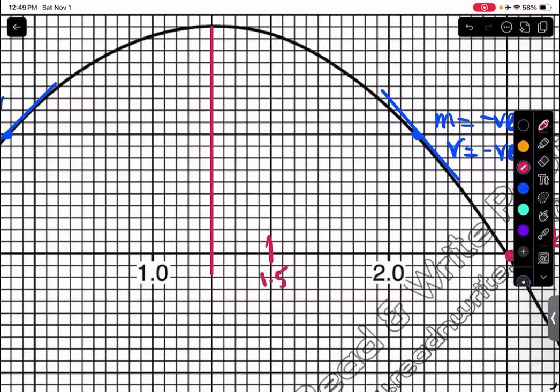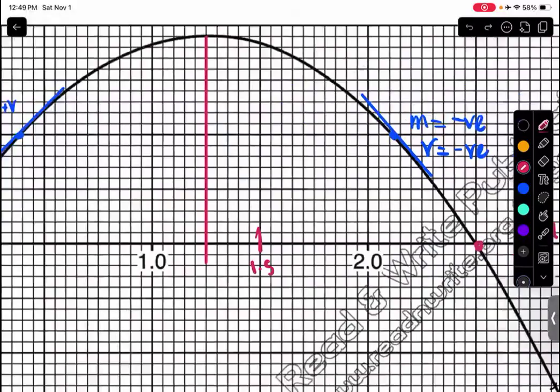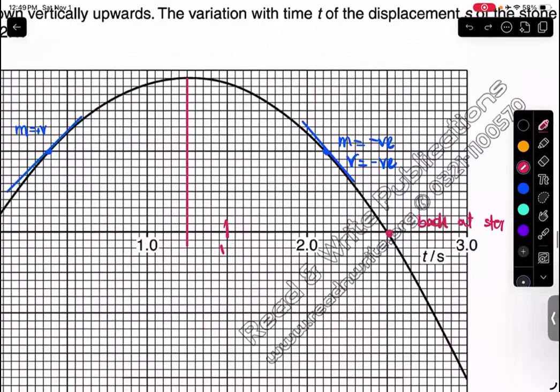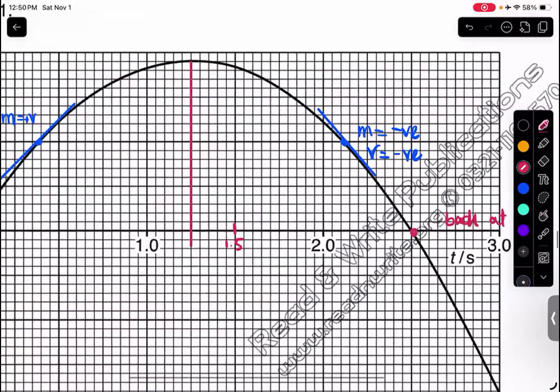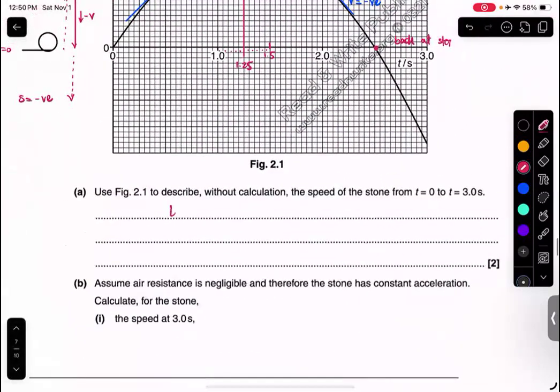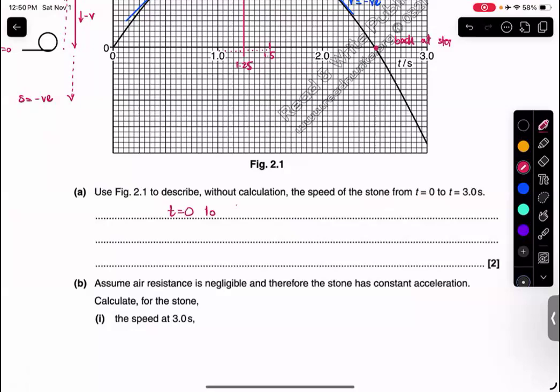Not sure though. Where is 1.5 though? So 10 and 10. Yep, this is 1.5, then this must be half of that. So 1, 2, 3, 4, 5, 1, 2, 3, 4, 0.25, 5, 1.25. Okay. So from t equals 0 to t equals 1.25.